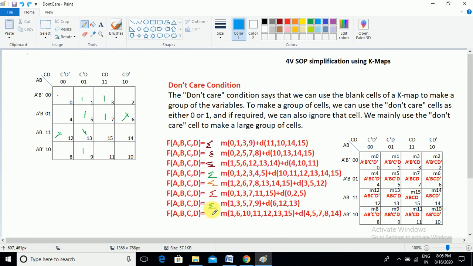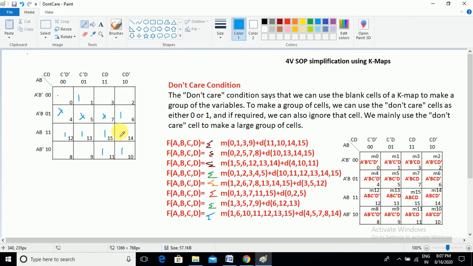Let us go to the last one. 1, 6, 10, 11, 12, 13, 15. The don't care cells are 4, 5, 7, 8, 14.